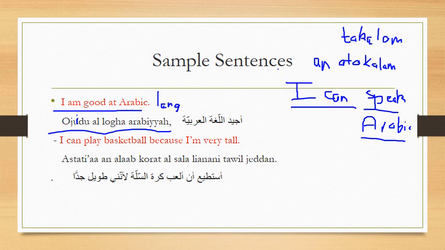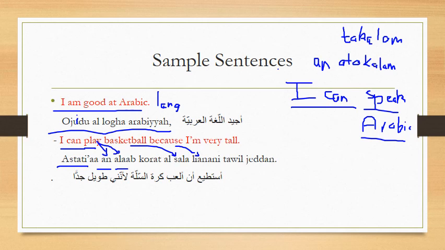Now, I can play basketball because I am very tall. I can is أستطيع. Play, either you can use the base form, which is the noun form of a verb, or we can use the verb. Here you say أن plus the conjugated form of the verb. Here أن means to, and ألعب is the conjugated form of the verb. Basketball is كرة السلة because it's لأنني.